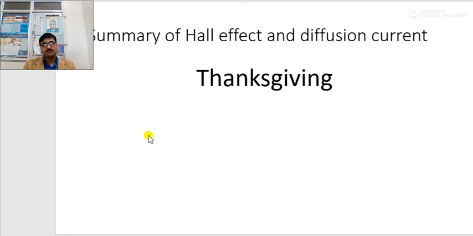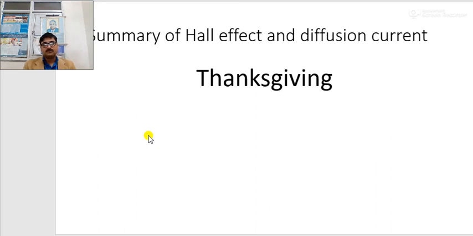These are the fundamental characteristics which can indirectly measure the other properties of the semiconductor.